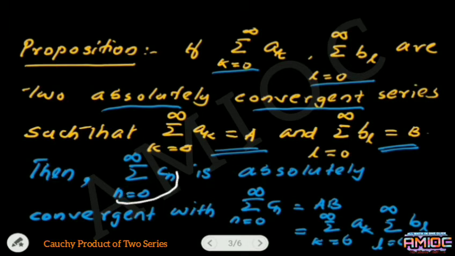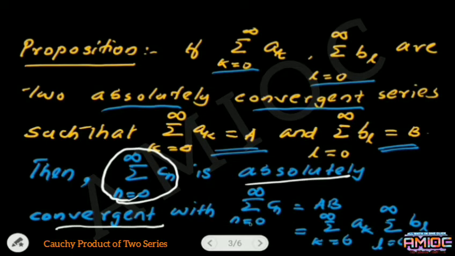The series summation n equal to 0 to infinity Cn, that means the Cauchy product series, is absolutely convergent with summation n equal to 0 to infinity Cn equal to the sum.